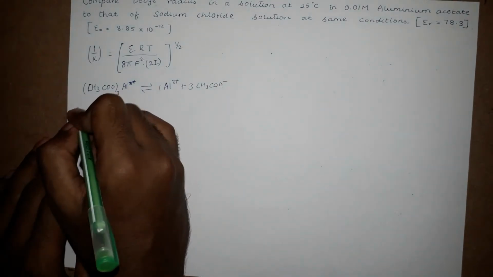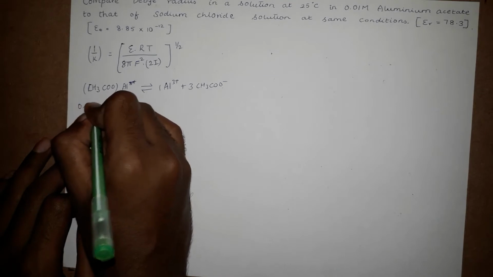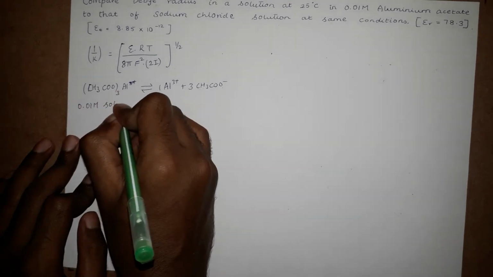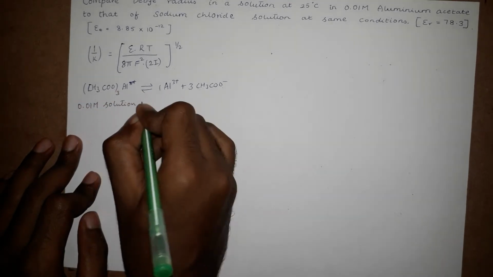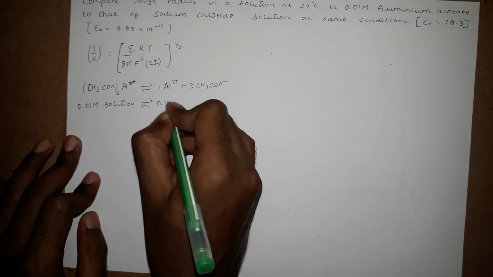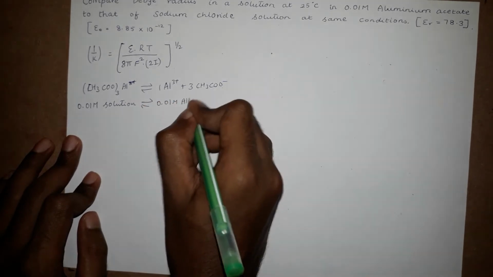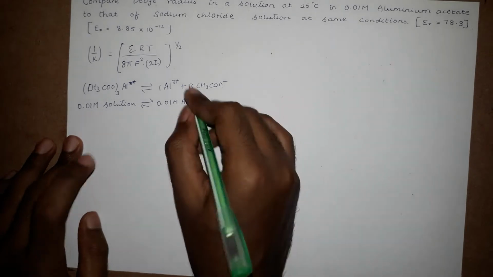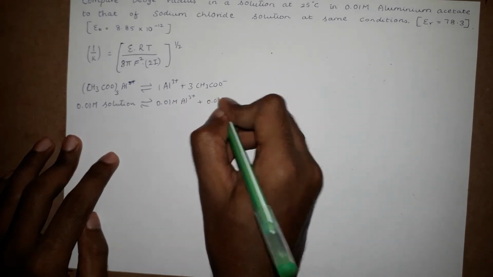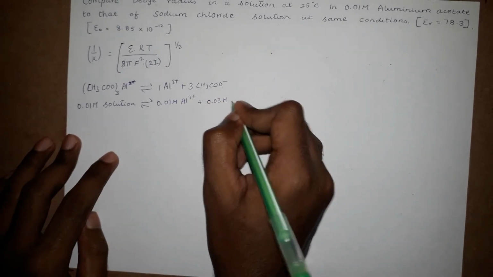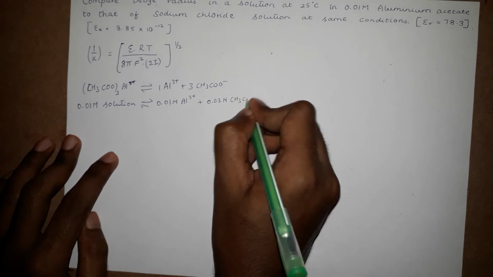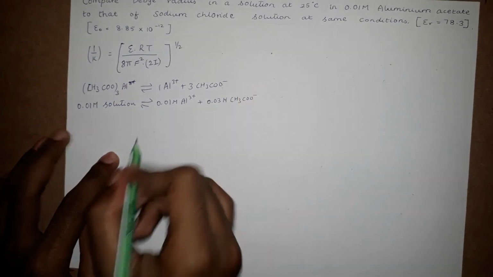Therefore 0.01 molar of this solution gives 0.01 molar Al3+ ions plus 3 into 0.01, so 0.03 molar CH3COO minus ions.